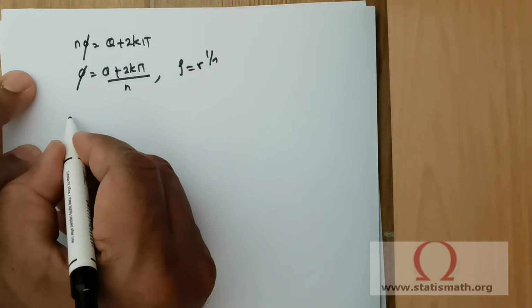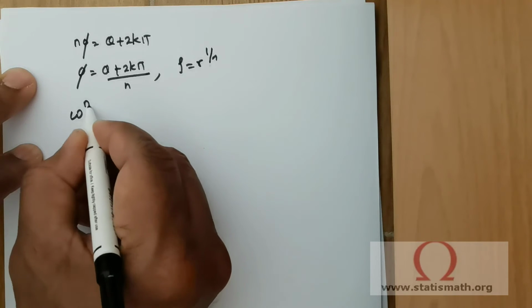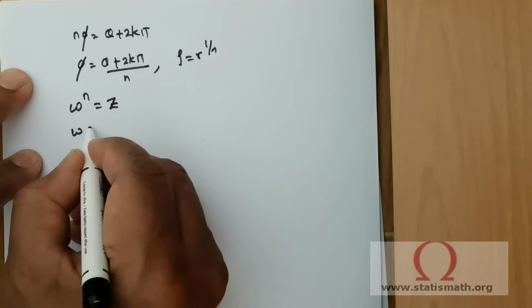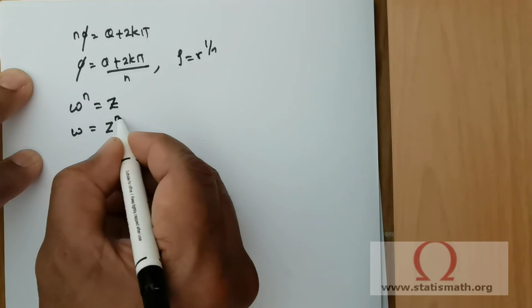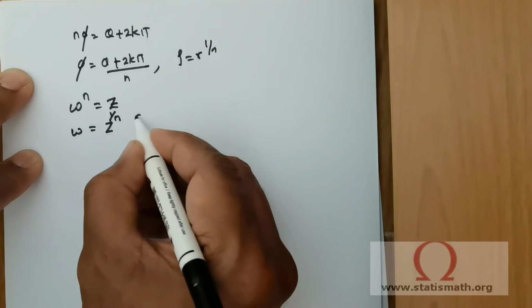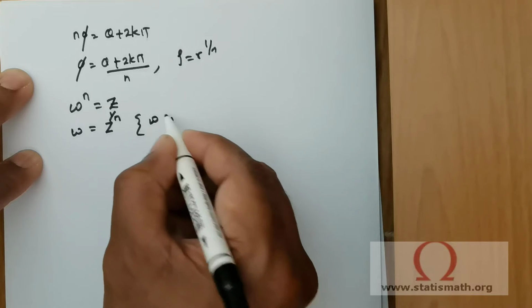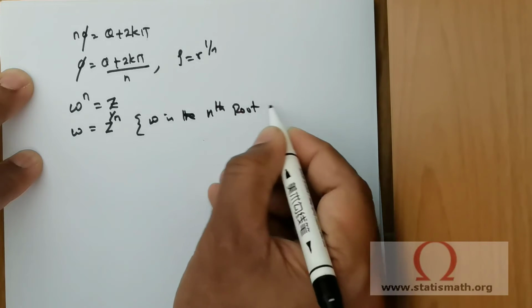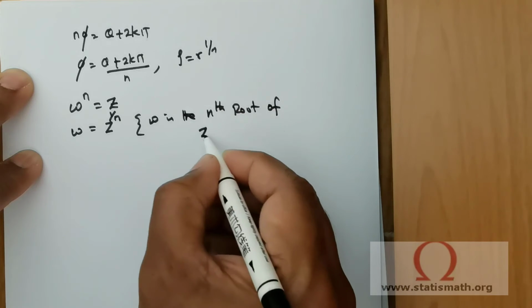Now if you remember, we started by taking omega raised to the power n equal to z, then omega equal to z power 1 over n, and omega is the nth root of z.